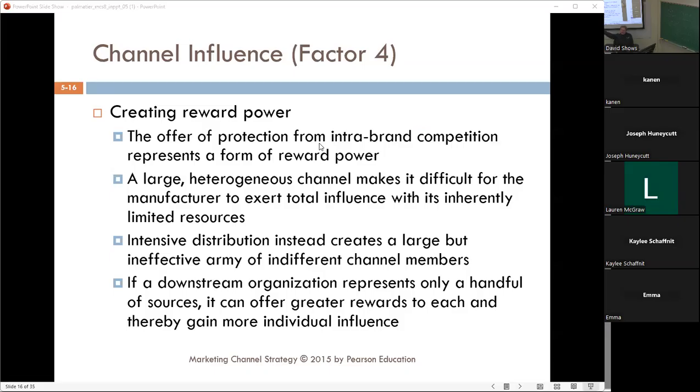When it's a huge channel where this particular item is accessed through any of the vendors, it's difficult for the manufacturers to influence those particular items. When Apple came out with the iPhone, for 3 years the exclusive rights to sell them in the United States went to AT&T. There were 2 reasons for that.